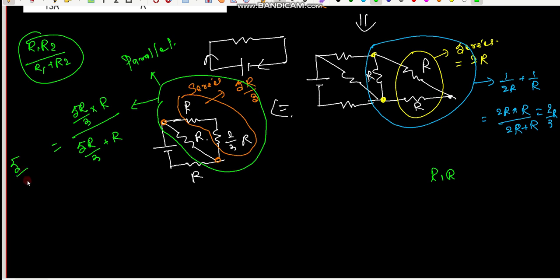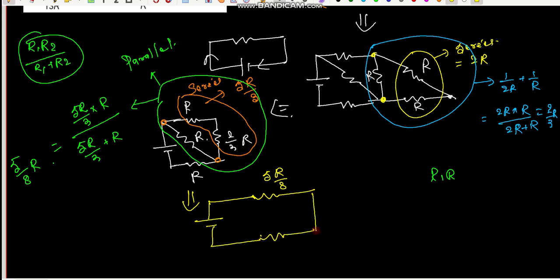So it will be 5R by 8. Now this 5R by 8 and this R are connected in series. So finally what we are left with is a resistance of 5R by 8 and another resistance R, both in series connection. The final equivalent resistance is just adding them up, so we are left with 13R by 8.